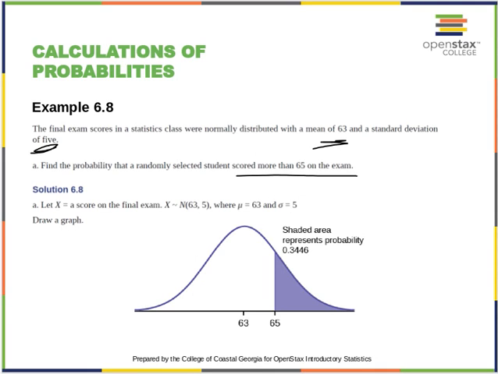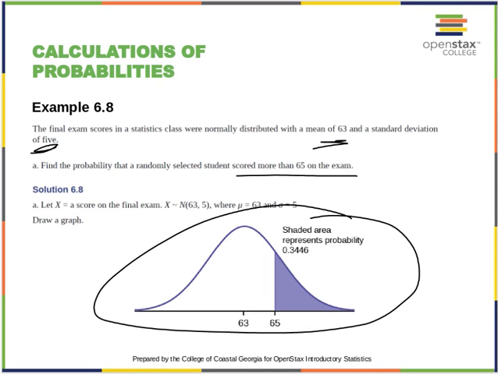So from this, it's pretty easy to see that this is our image that we're going to create. We have a mean of 63, and we want to know the area greater than 65. But how many distributions are there that we have observed with exactly a mean of 63 and a standard deviation of 5?